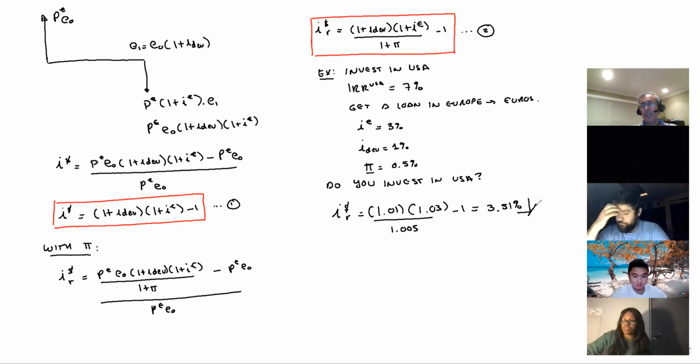Can I compare this real with this one here? No. Remember, guys, that if no one tells you anything, the default is nominal or current. That is the same name. Got it? So we need to transform this one first into the internal rate of return real.